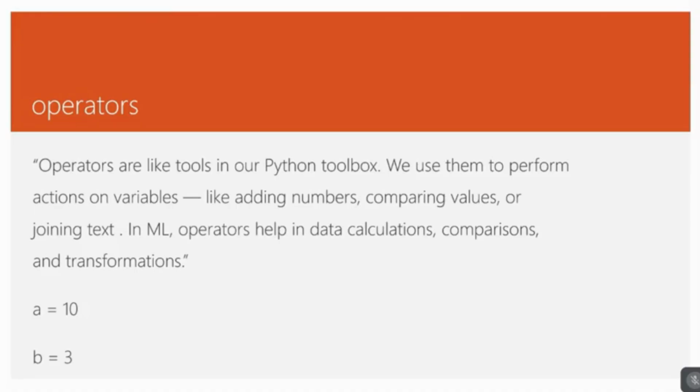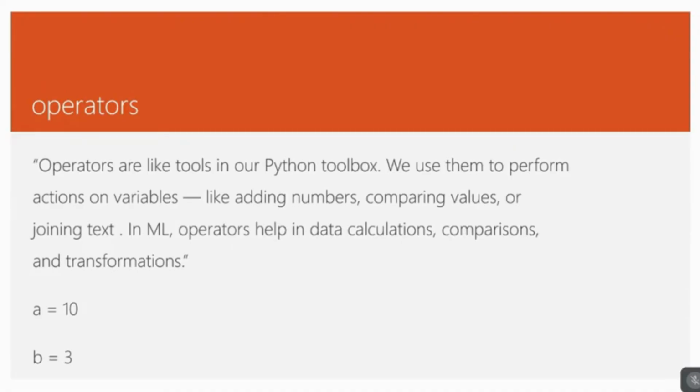So there are several operators: arithmetic operators, logical operators, and Boolean operators. And comparison operators are also there for comparing two values. If we perform addition, subtraction, division, multiplication, and so on, we use arithmetic operators for mathematical calculations.